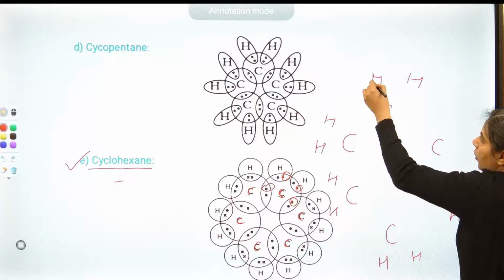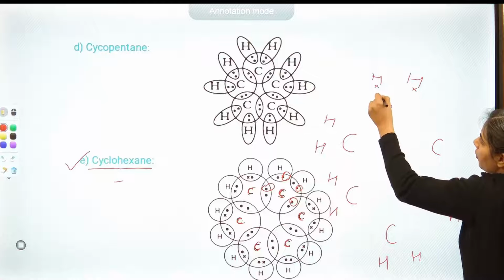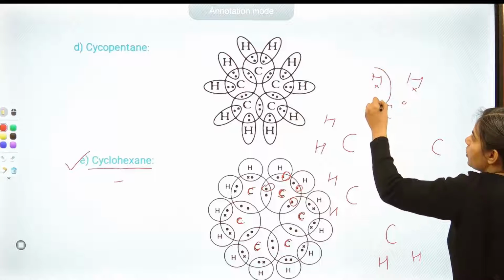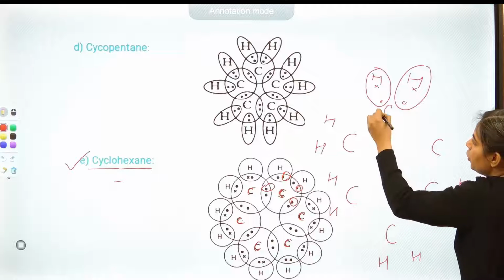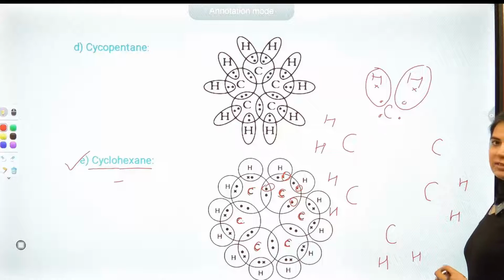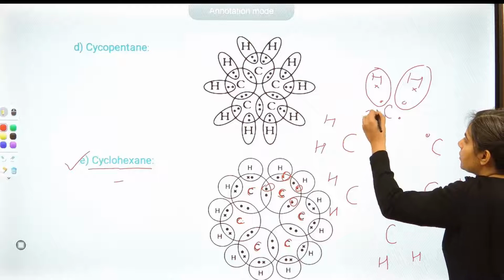So 1 electron is from the hydrogen and 1 from the carbon are shared in each case, and the remaining 2 electrons of this carbon will be shared with the next carbon.